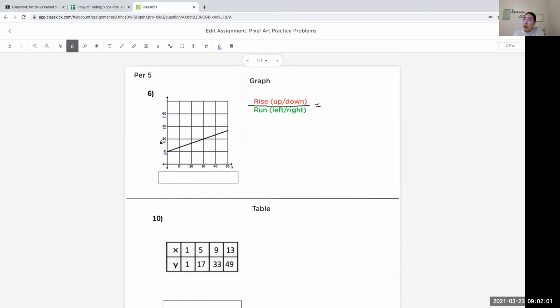Okay, so when you look at your y-axis here, you want to make sure you know what you're skip counting by anytime you make any jumps or movement up or down. So take a look at your numbers. We're going from 10 to 20 to 30 to 40.